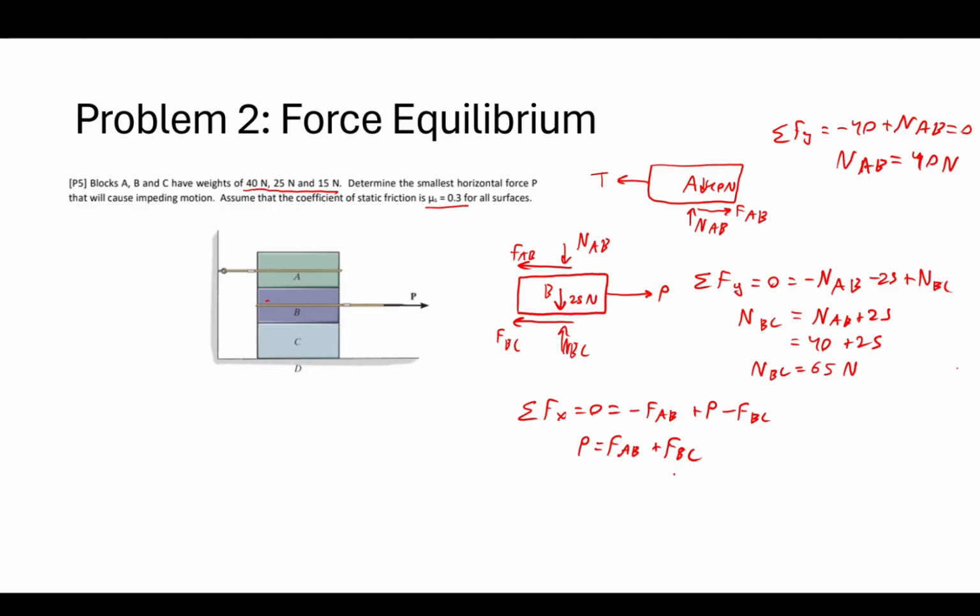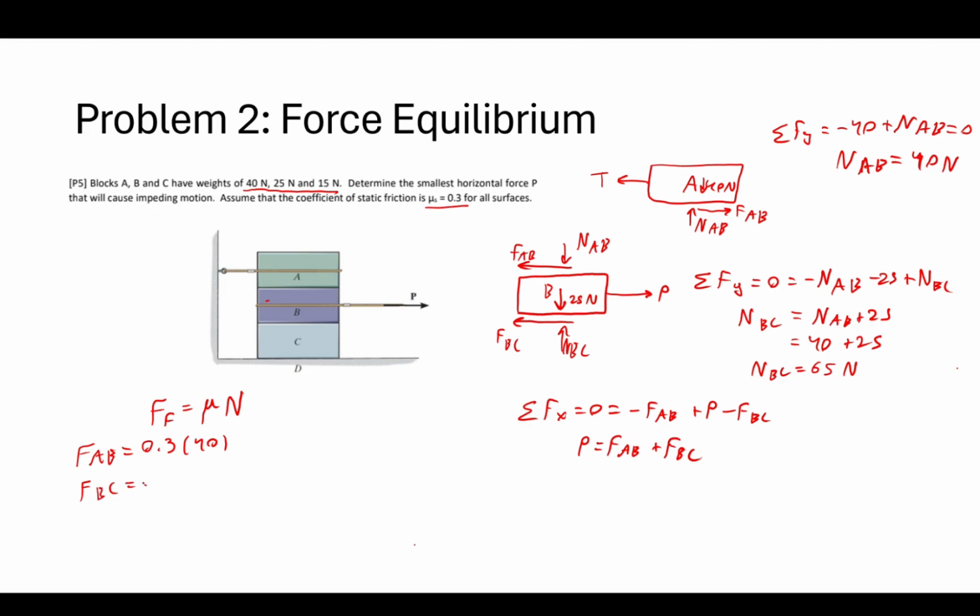Now over here, I want to introduce an equation that you might know by now, and if not, you should definitely know this. Your friction force, any friction force, is going to be equal to your friction coefficient multiplied by that respective normal force. So in this case, if we want to find FAB, that's going to be 0.3 as given in the problem, and NAB we have found to be 40 newtons.